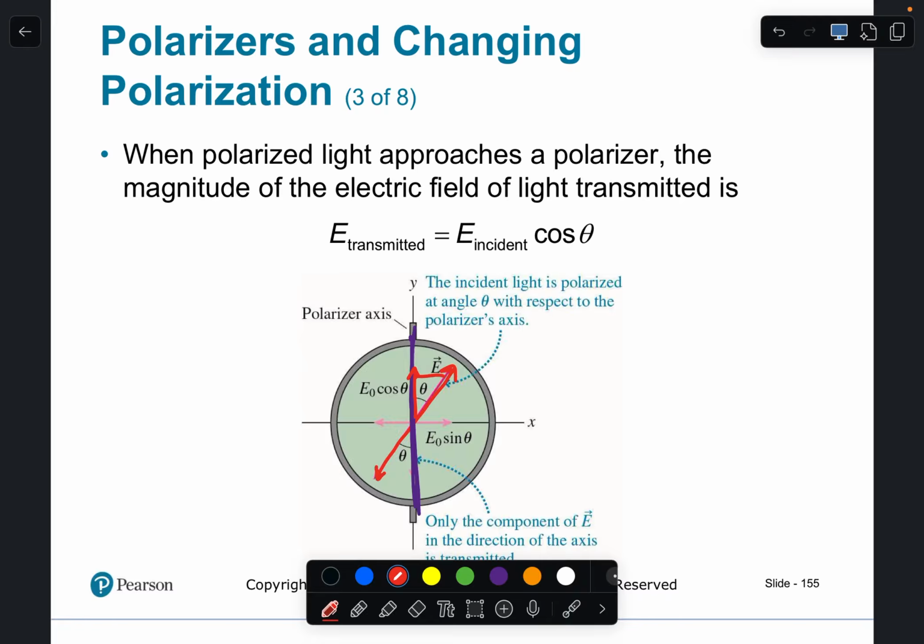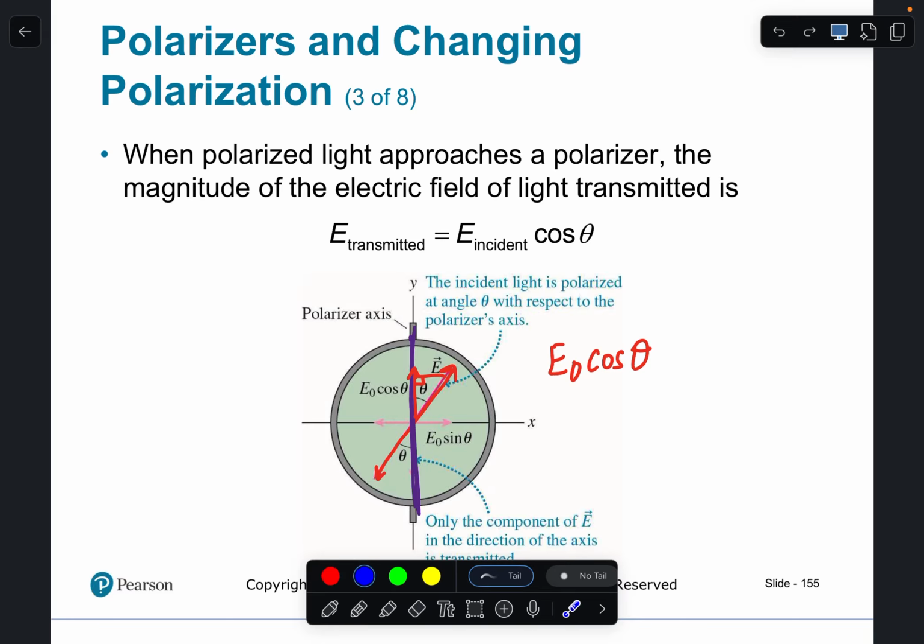So electric field wise, what the polarizing filter does is it reduces the magnitude of the E field vector because you're multiplying it by a cosine theta. And cosine theta is usually less than 1 unless theta is 0. So it's like you're scaling it down. And we don't see electric fields, we see intensity. So how does that relate to what we observe? It makes it less bright.